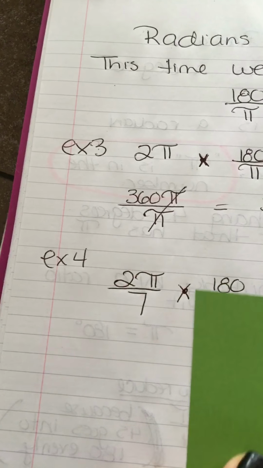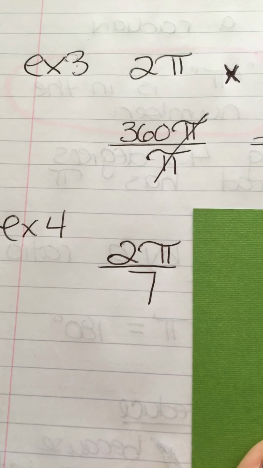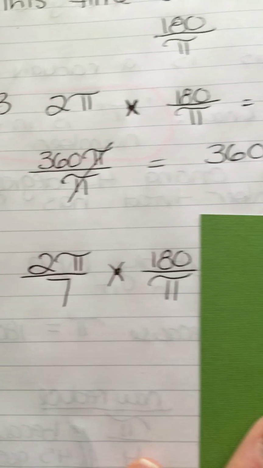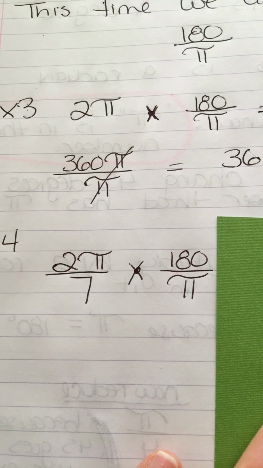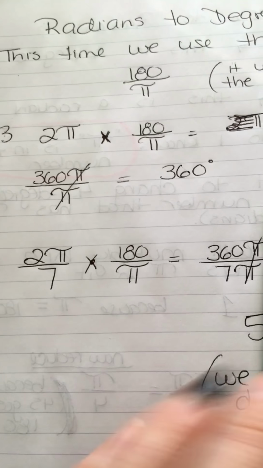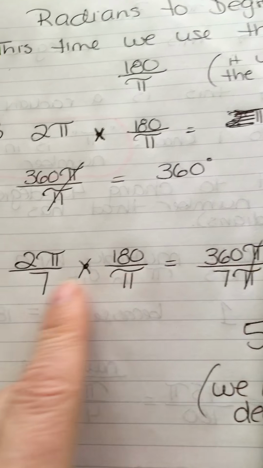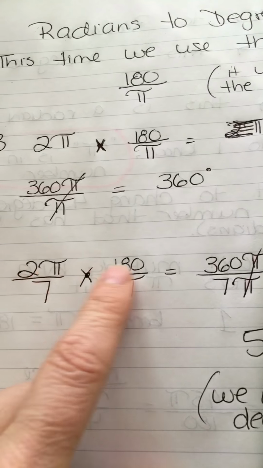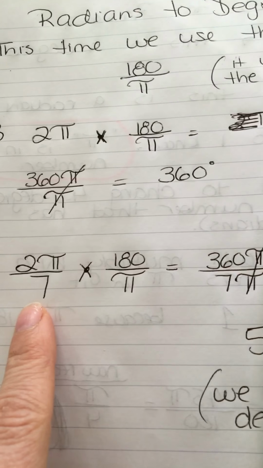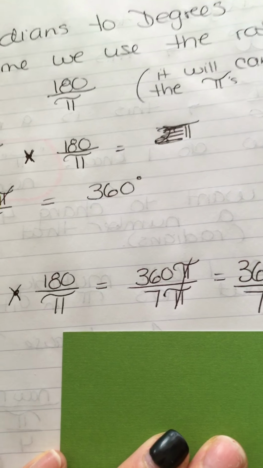Okay, next example. Now I'm going to do 2 pi over 7. I'm going to multiply that by 180 over pi. So when I multiply 2 pi to 180, I get 360 pi. 7 times pi will then give me 7 pi.